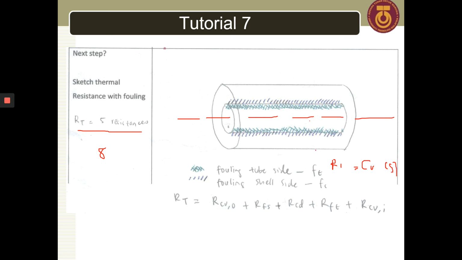Then this is R due to the wall, and this is fouling on the shell side. Oh, I think I drew it wrongly. It should not be here, it should be here. The fouling on the shell side is not in between here.